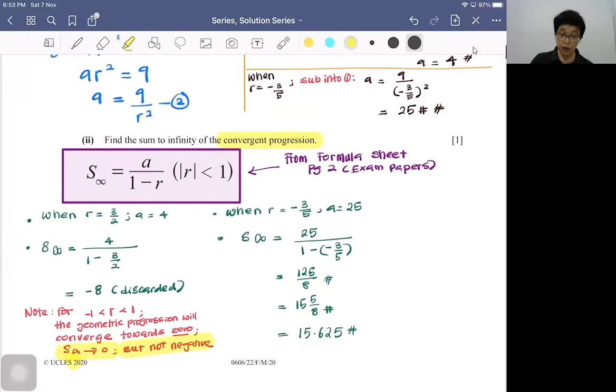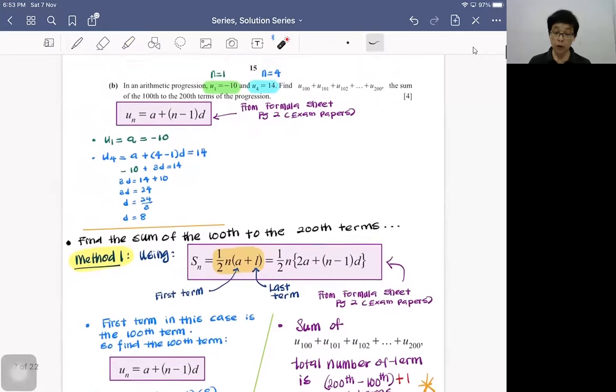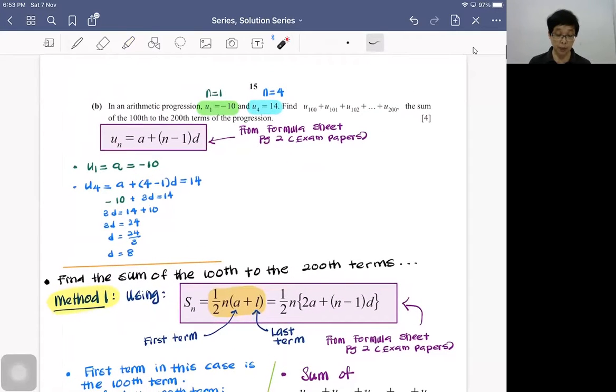So with that reasoning, we discard this value and conclude only to this. You can present your answer and it is acceptable by the mark scheme as an improper fraction, as a mixed number, or even as a decimal. Well, that's the end of A2. We move on to the next page, part B.